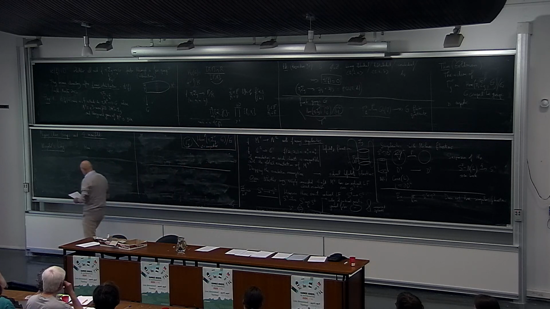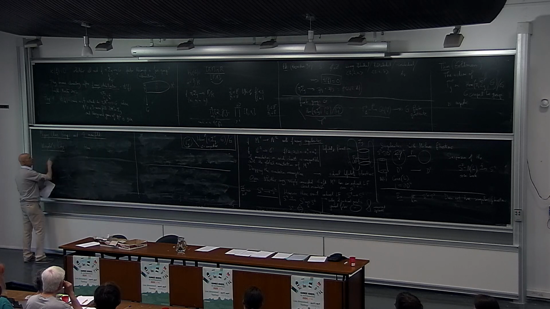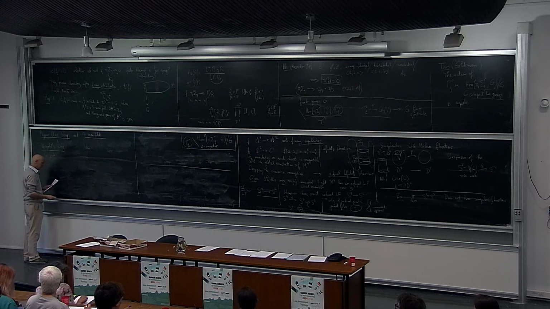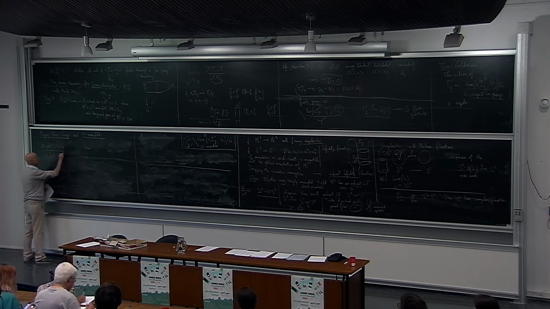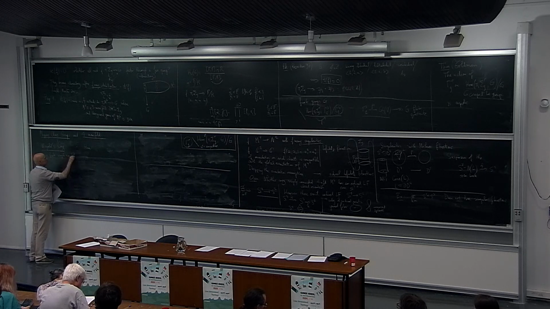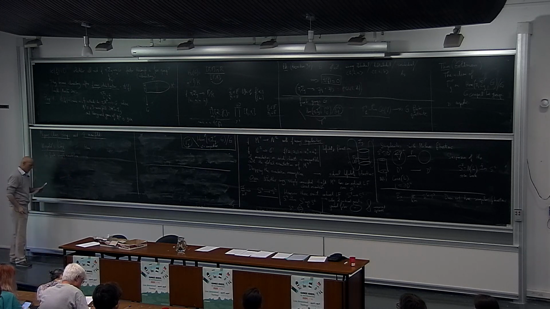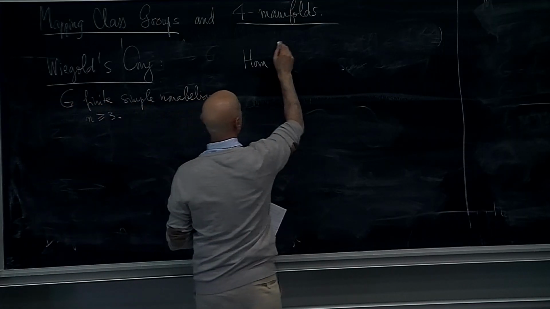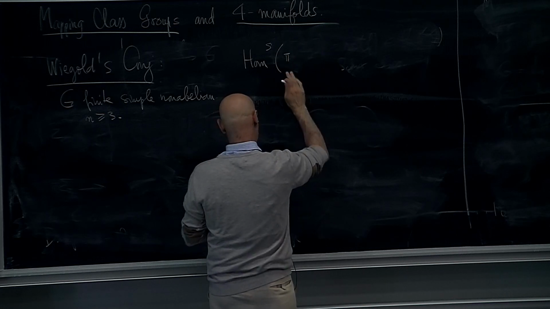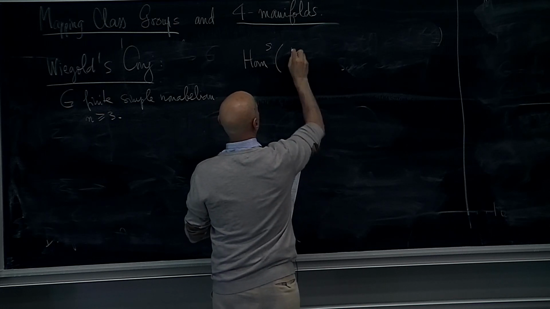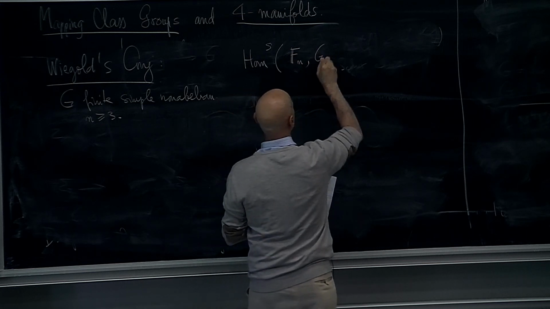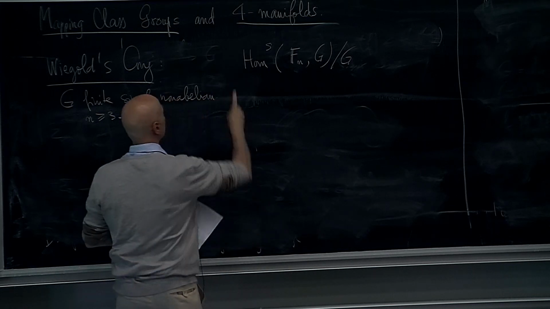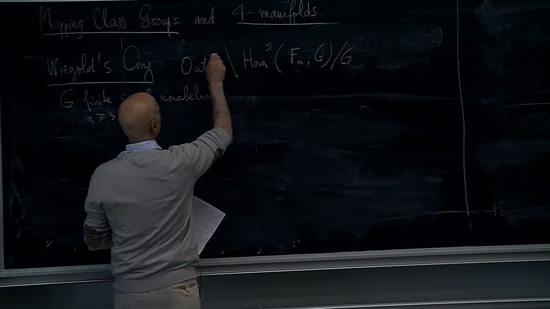Okay, so you take G now finite, simple non-abelian, and N at least free. Now you take Hom_S of the free group on N generators into G up to G. And now we have a slightly larger group acting on the left, namely the group of outer automorphisms of the free group.